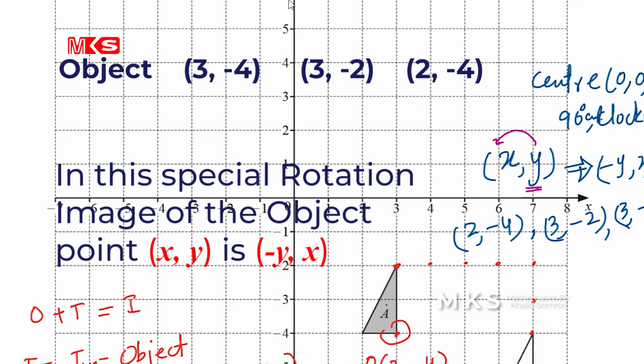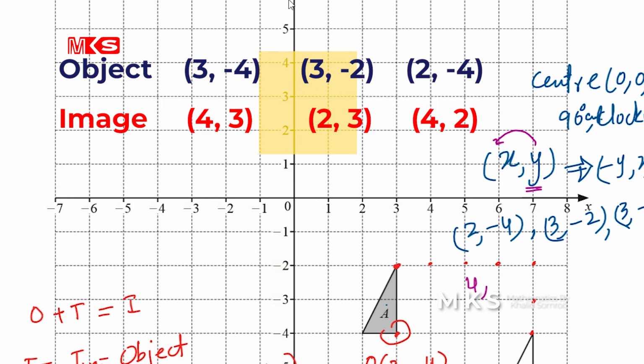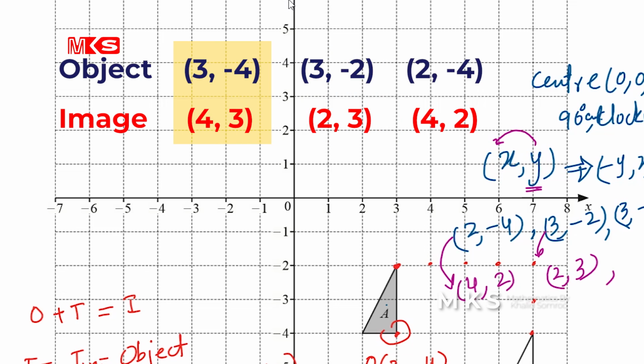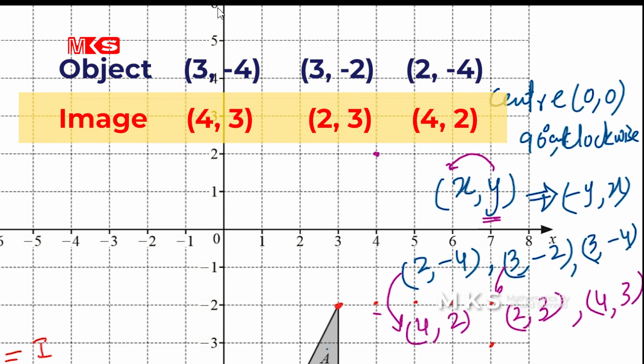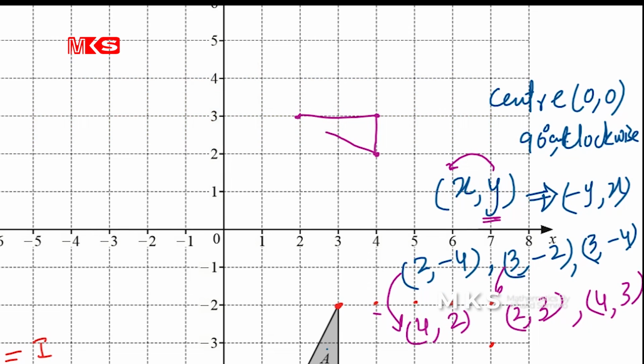It means y takes the place of x after changing its sign. So (2, -4) will become (4, 2), (3, -2) will become (2, 3) and (3, -4) will become (4, 3). The image will be (4, 2), (2, 3) and (4, 3). This will be C.